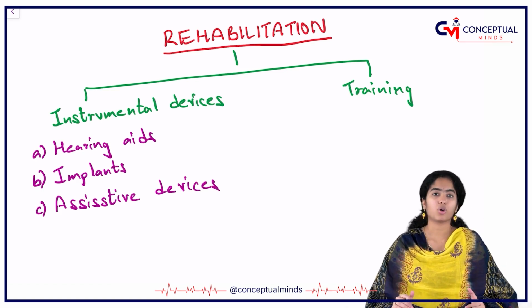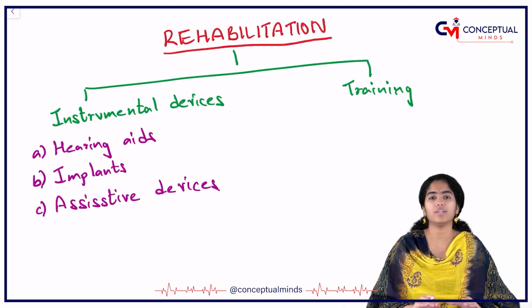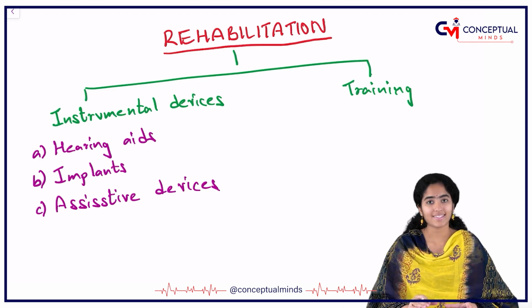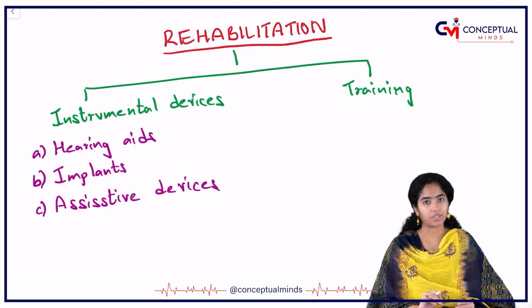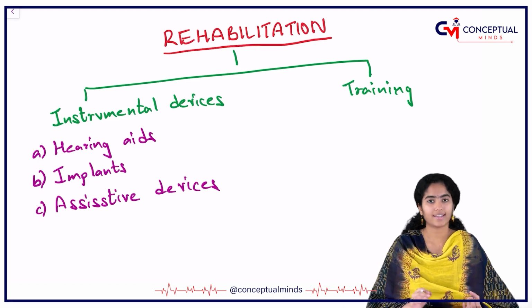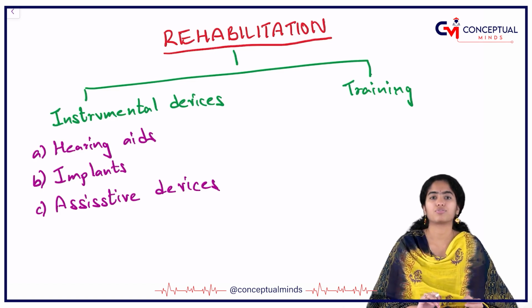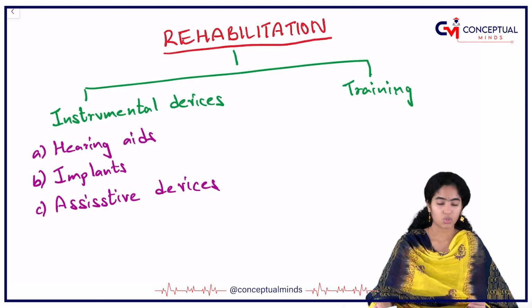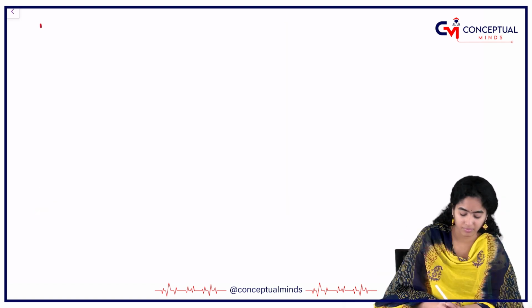Let us learn about all of them one by one in detail. It is essential that you understand the mechanism by which each of these works and selection of patient. Which patient requires which device among the ones that are available. Okay, so we need to understand the mechanisms, indications and contraindications for each of them. Okay, so let's begin first with instrumental devices, that is hearing aids.